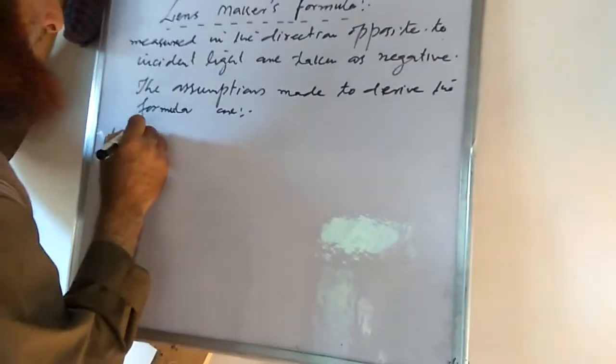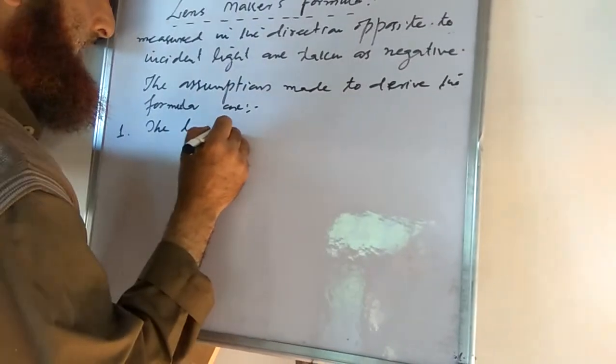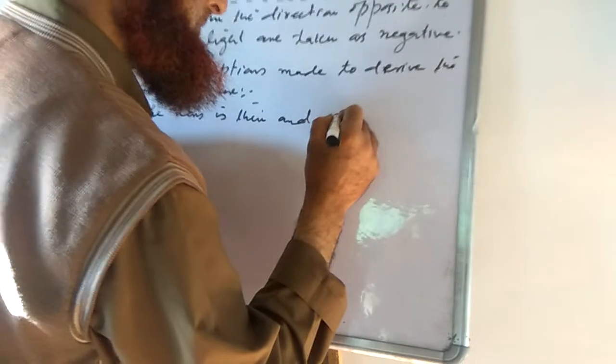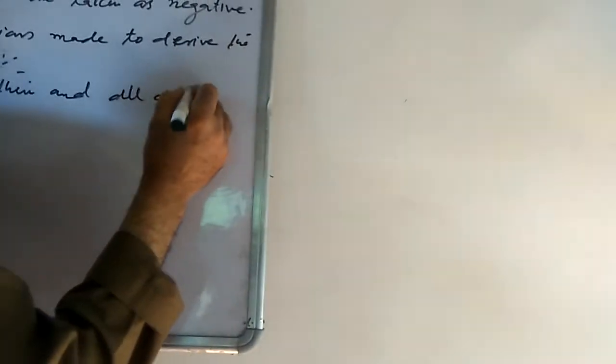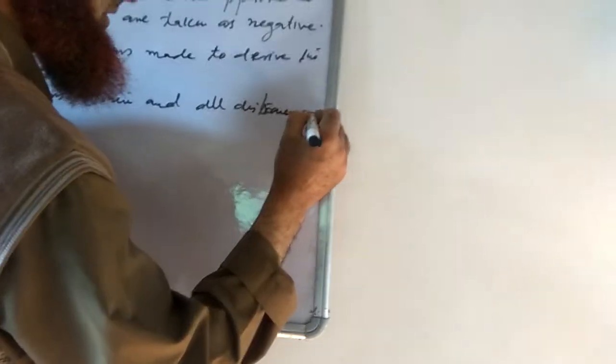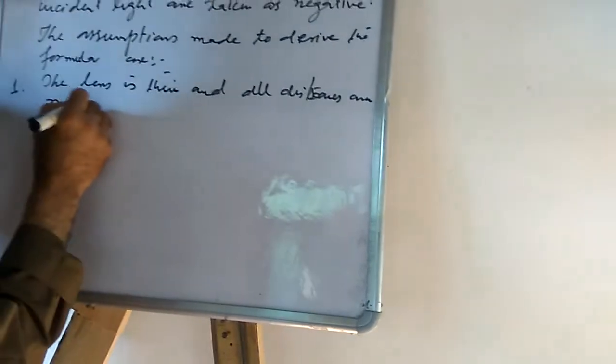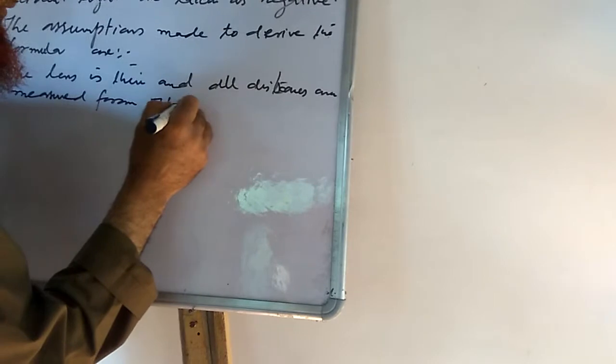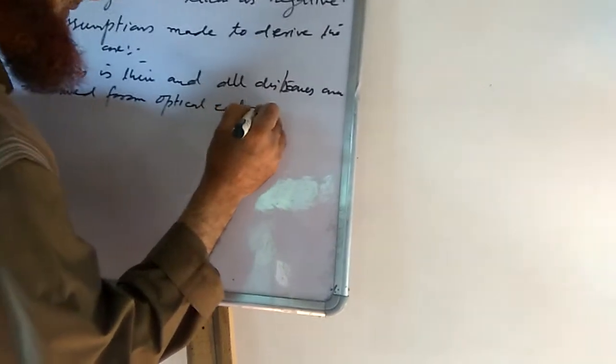For the first one, the lens is thin and all distances are measured from the optical center of the lens.